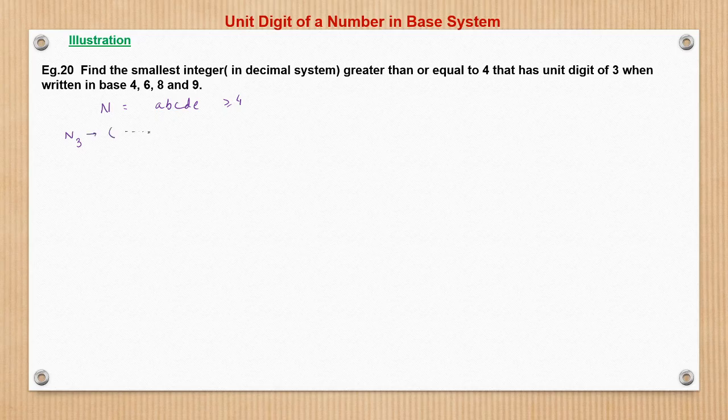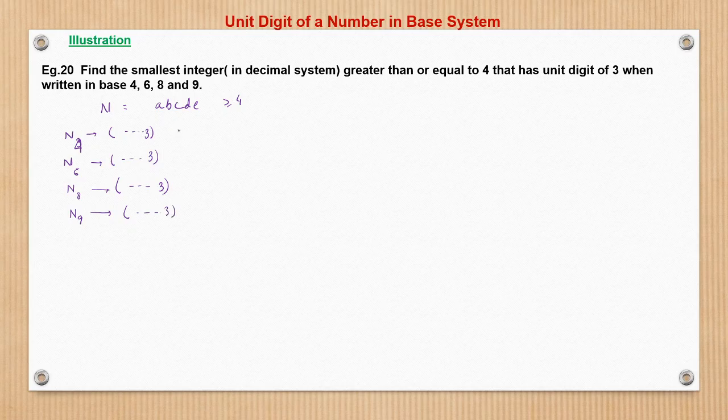Now when this n is written in base 4, unit digit is 3, right? When n is written in base 6, unit digit is 3. When n is written in base 8, unit digit is 3. And when n is written in base 9, unit digit is 3 again.